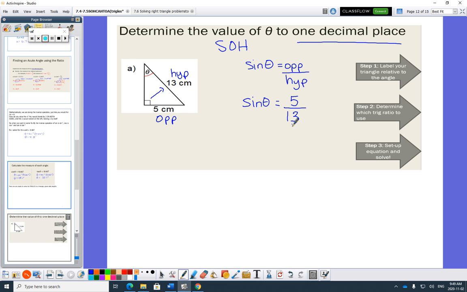So now it's decision time. Do you want to do 5 divided by 13 and make that a number? Do you have a relationship with your calculator where you know whether it needs brackets or not? I'll show you both ways, okay? It really doesn't matter. I don't judge. I don't care what you do.